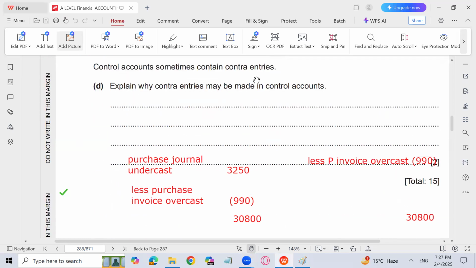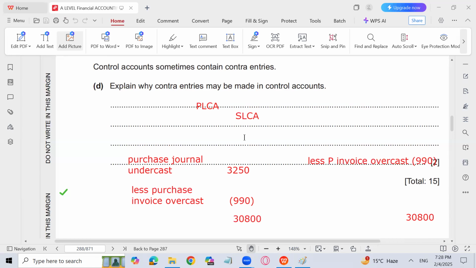Contra accounts sometimes contain contra entries. Explain why contra entries may be made in control accounts. Because a trade receivable sometimes happens to be our trade payable also. So we will decrease the trade payable, PLCA debit, and SLCA is going to be credited with the same amount, because the same person happens to be our trade payable also and our trade receivable also.